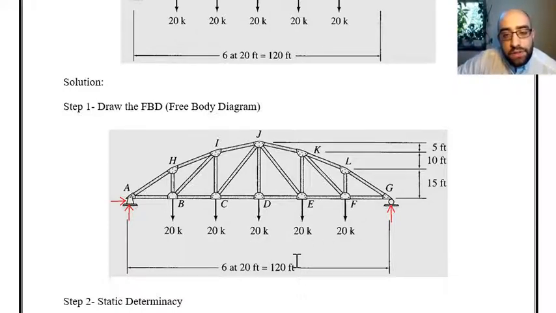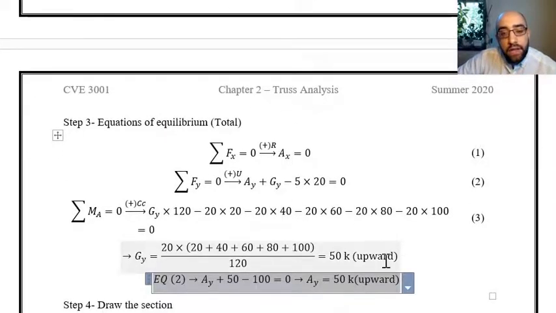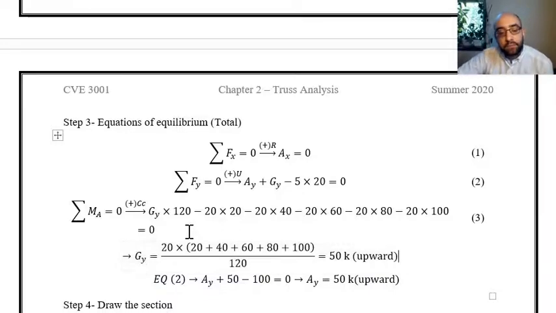But that is just a quick approach to solve the truss and save some time. Even if we don't know that, we can simply write the general equations and find the forces and reactions as I have over here.